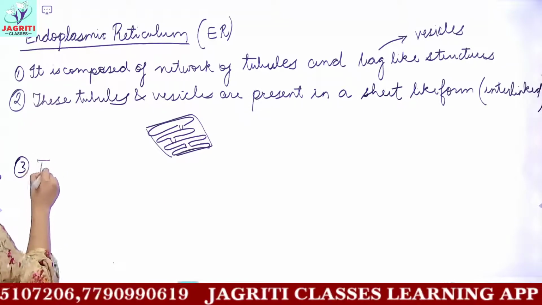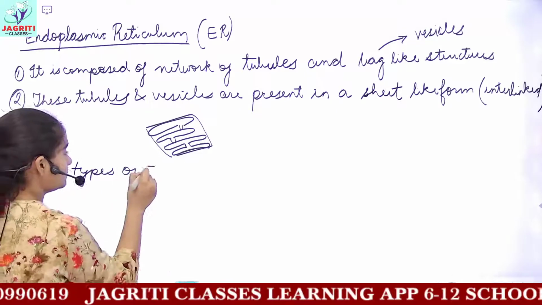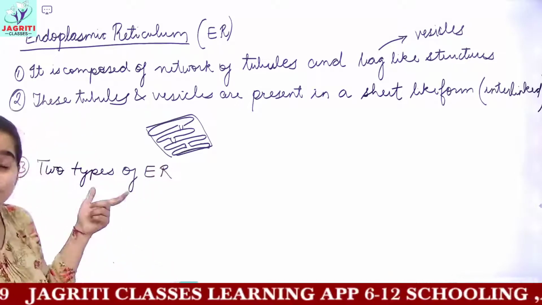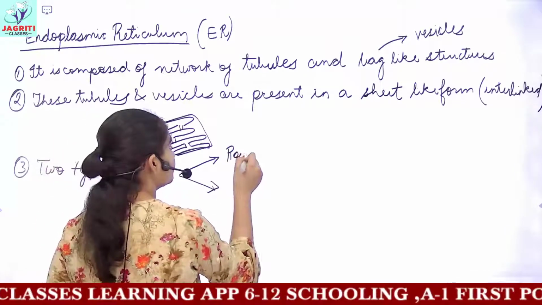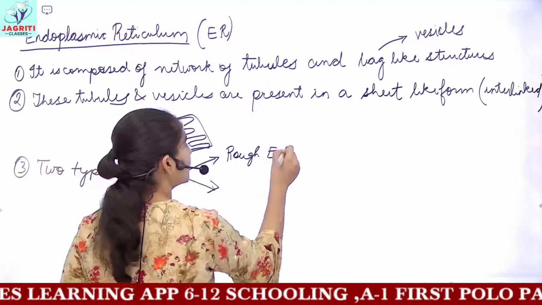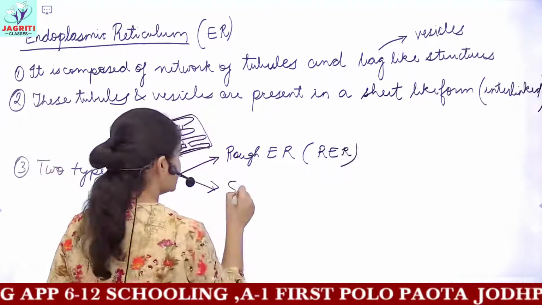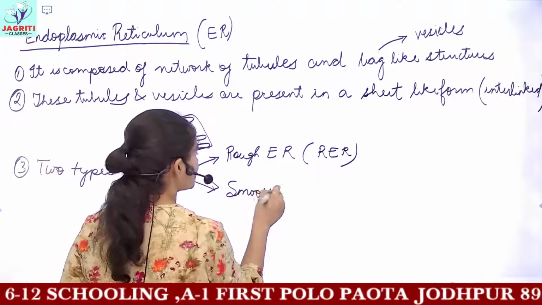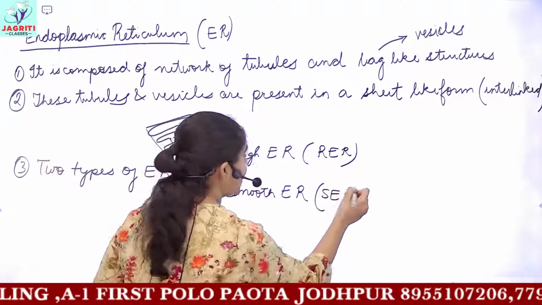Then next, you have two types of endoplasmic reticulum. That is, this ER is of two types. It can be rough endoplasmic reticulum, which you can abbreviate as RER, and the next is smooth endoplasmic reticulum, which can be written as SER.